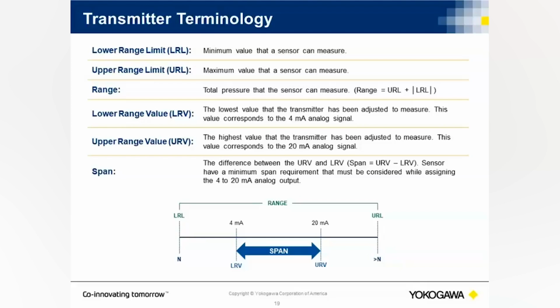So this is where the transmitter is scaled and designed to output its minimum and maximum current. So 4 to 20 milliamps is quite common in process control. So at 20 milliamps, the transmitter is reading the URV. At 4 milliamps, it's reading the LRV. The span is then the difference between the URV and the LRV.